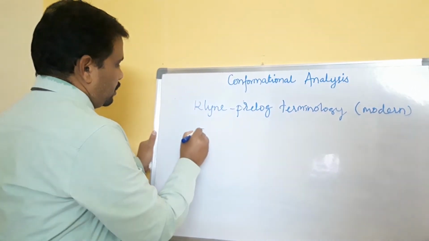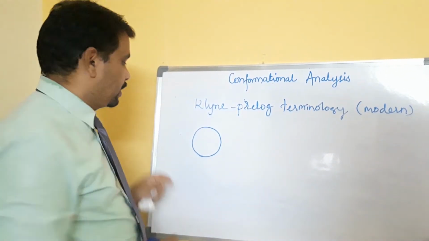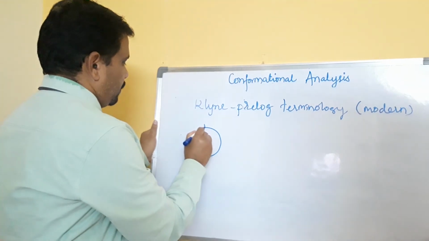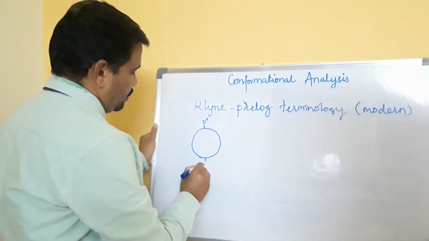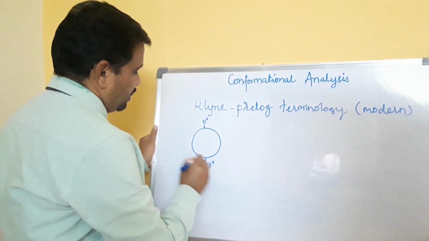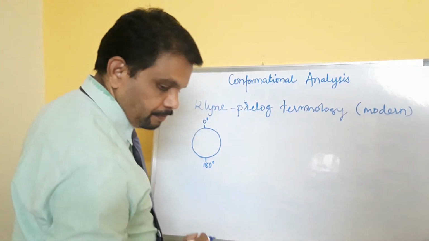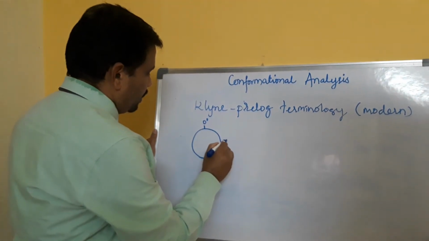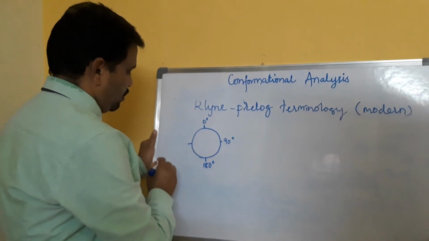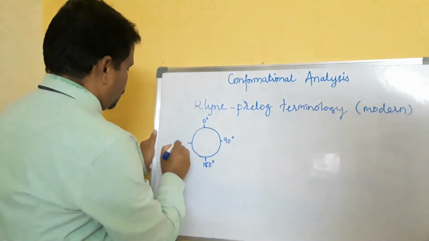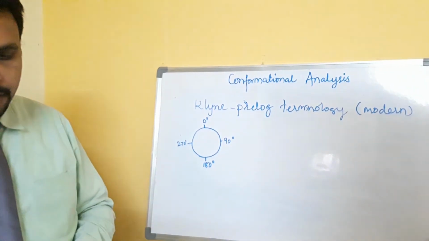I'll take a circle, a 360 degree circle. This is 0 degrees, and here opposite is 180 degrees, right? And here 90 degrees, and here 270 degrees.